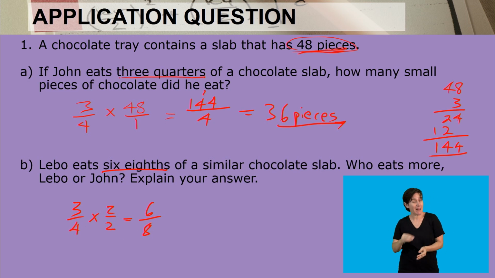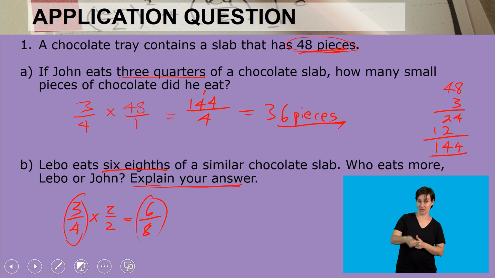Therefore, these two are equivalent fractions. That means Lebu and John both eat 36 pieces each. So no one eats more because these are equivalent fractions. That is our reason for giving that answer. Let's move on to the next one.